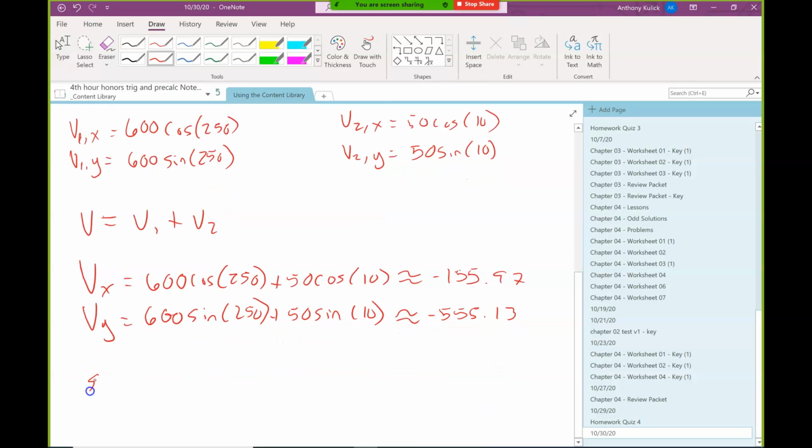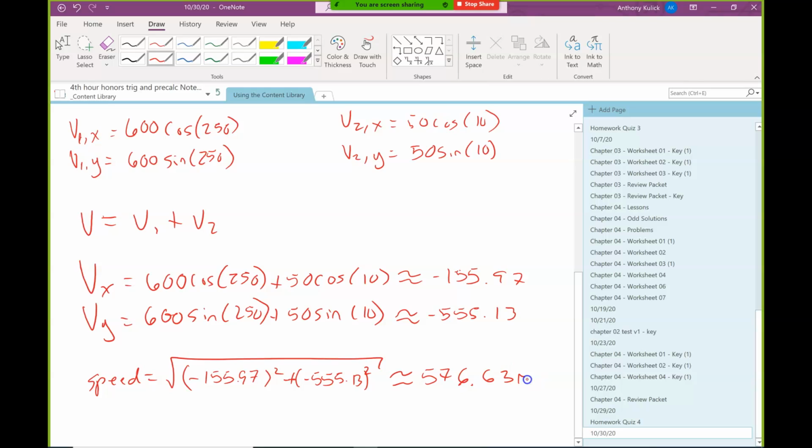So my new speed is just going to be the same as my magnitude, using the Pythagorean theorem on those two values. And when I do that, I get about 576.63. So the wind slowed me down a touch.